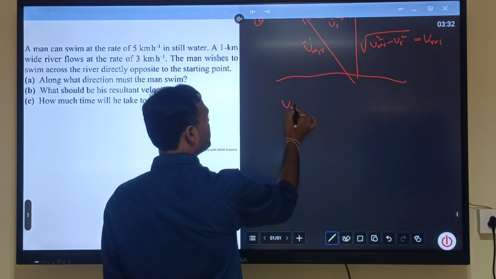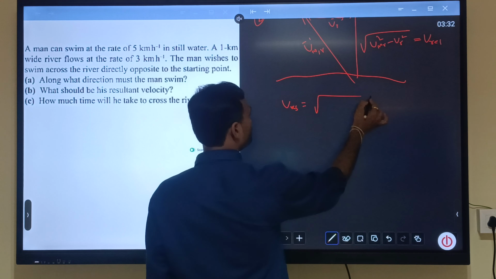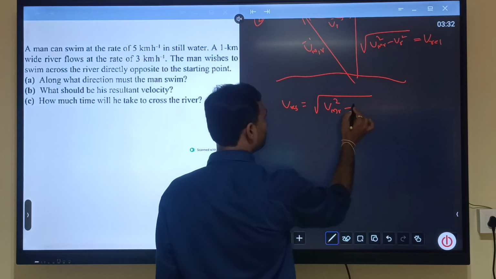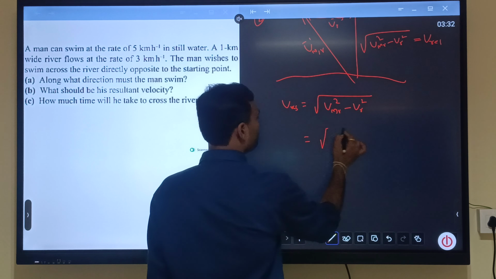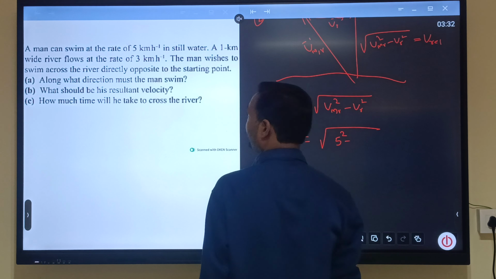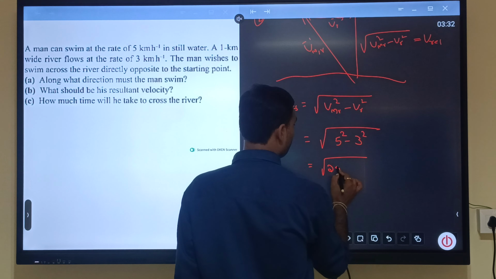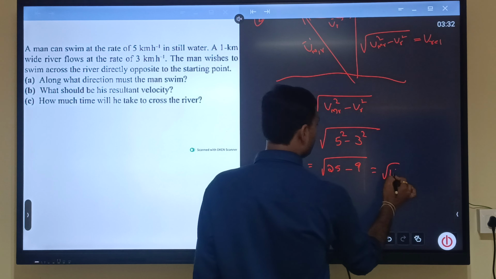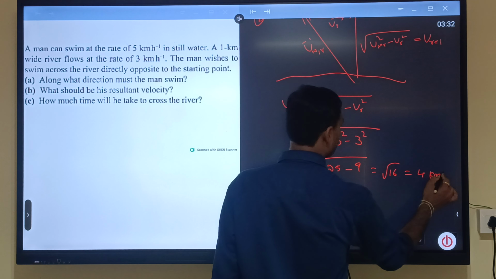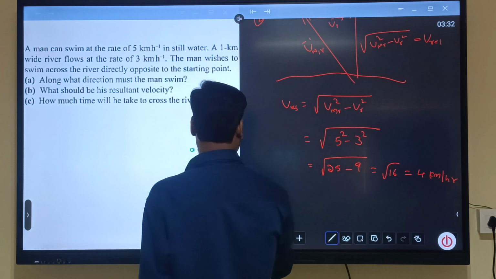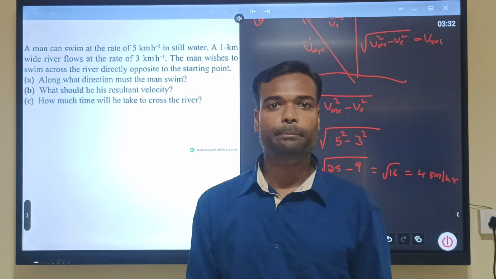So the resultant velocity is the square root of 5 square minus 3 square, that means 25 minus 9, 16, or 4 kilometer per hour. This is the B bit.